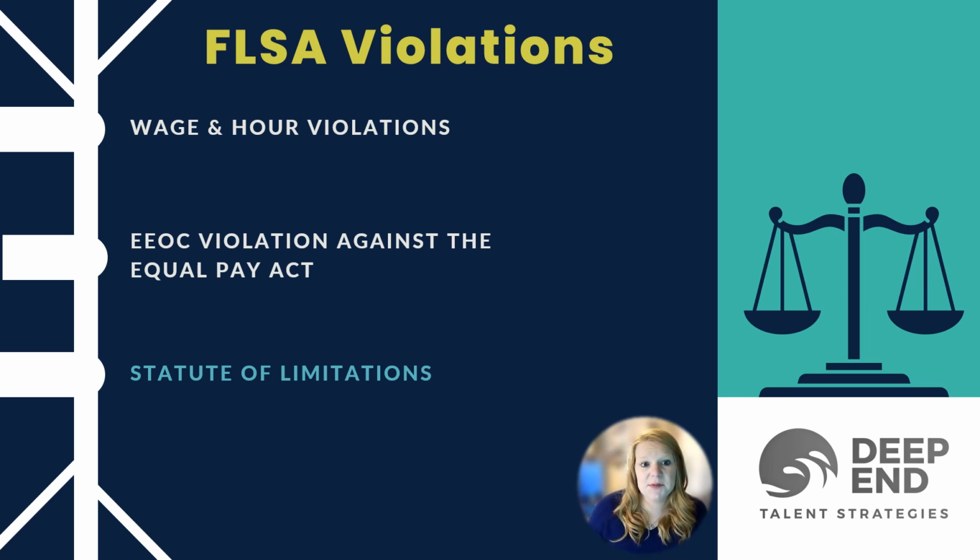There are caps on the amount of compensatory and punitive damages, which are determined by the size of your employer. There are statutes of limitations as well. Typically, an action for back wages of overtime should go back 2 years from the date that the error was found. So keep that in mind if you ever run into this.